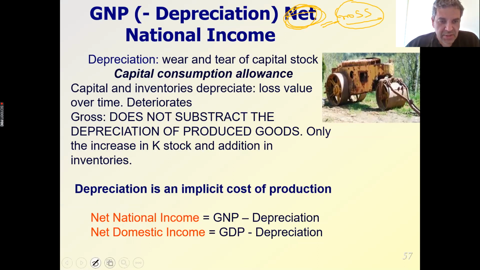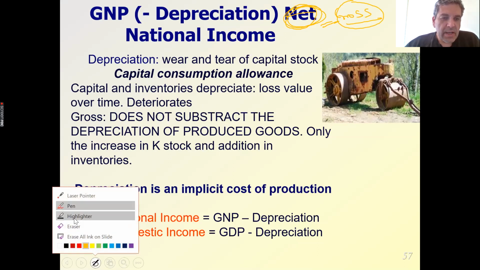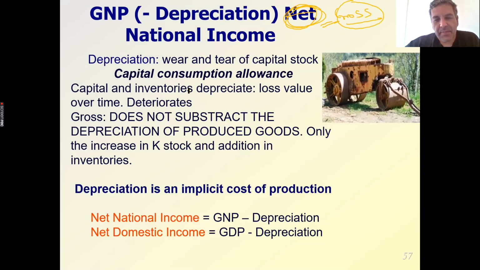When we are mentioning gross, GDP or GNP, we are considering that the machinery that we are using does not depreciate. That's why we call it gross, because we are assuming that the machine that we are using every year is new, but that is not true. I'm going to mention not just the machinery, but also the buildings. Buildings deteriorate and machinery deteriorates.